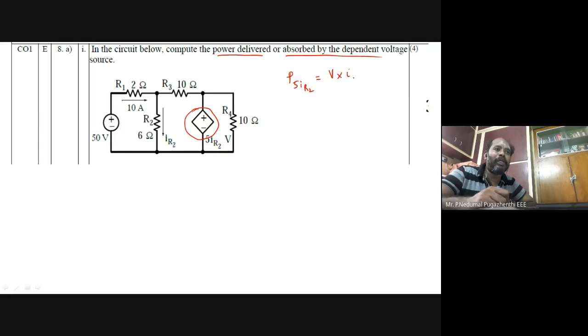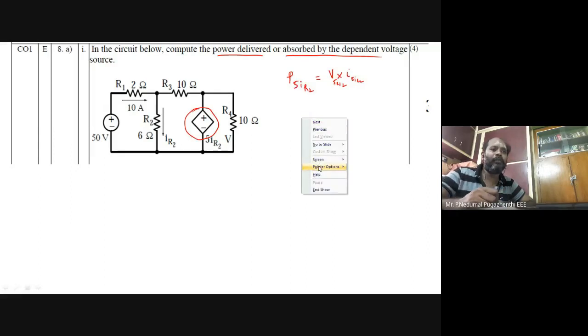So we know that this is 5IR2. Since the representation is 5IR2, I wrote power as voltage times current. If I want to know that power, then I should know the voltage value and the current passing through that. So that's the logic behind this problem.